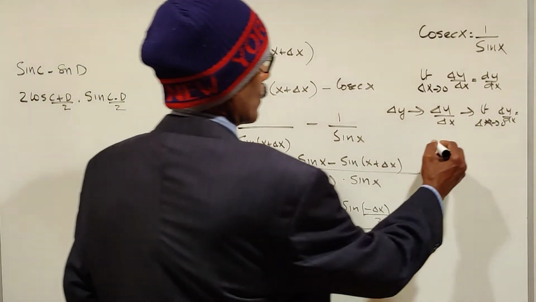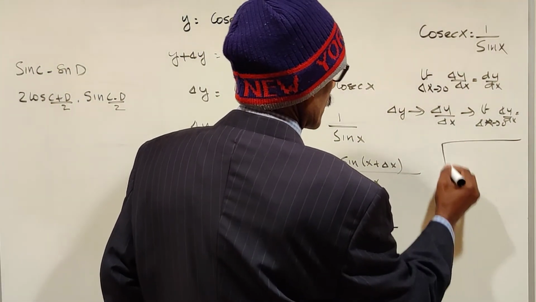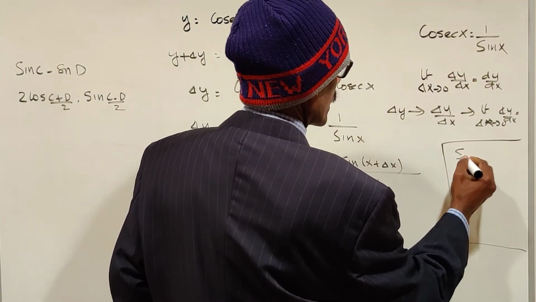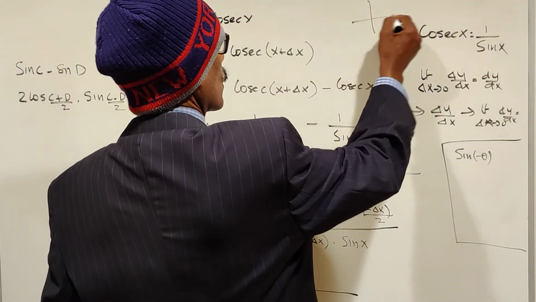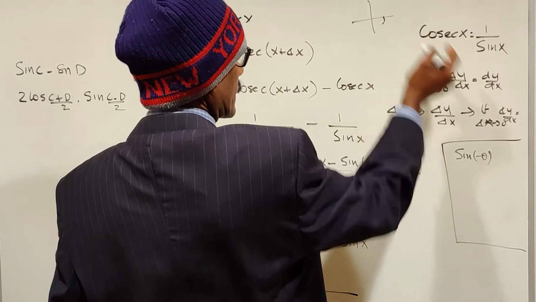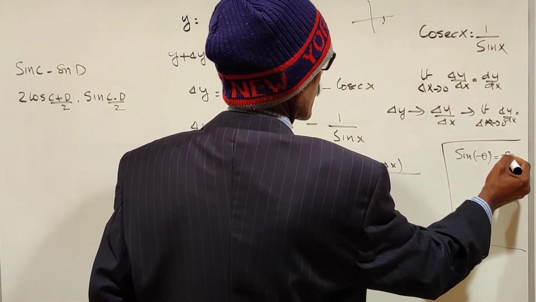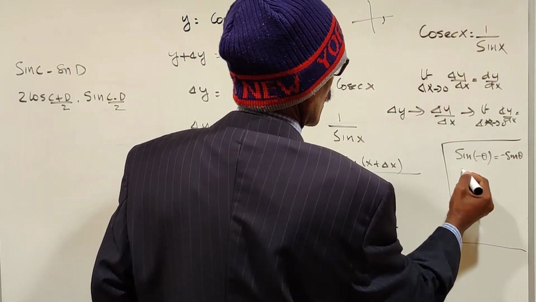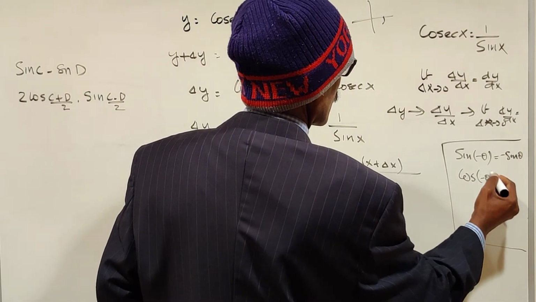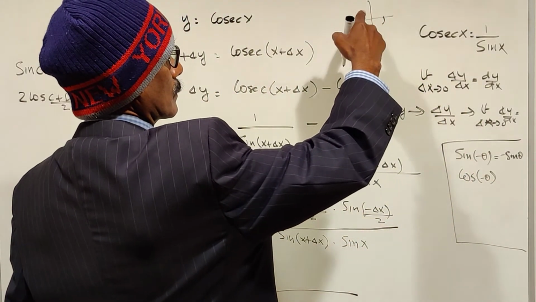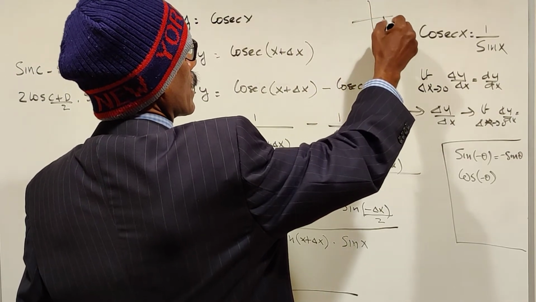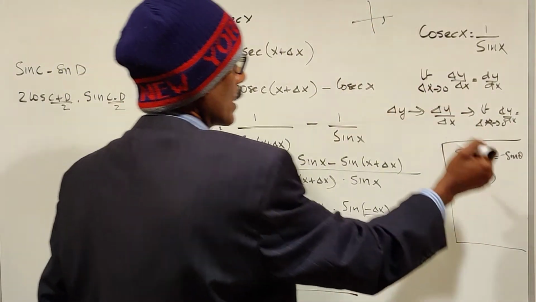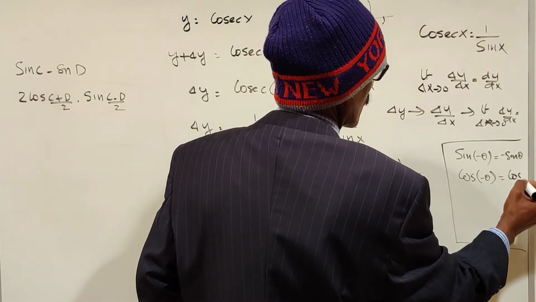You need to learn this formula also. What is sin of minus theta? In the fourth quadrant, sin is negative, so negative sin theta. Cos of negative theta: in the fourth quadrant cos is positive, so cos theta.